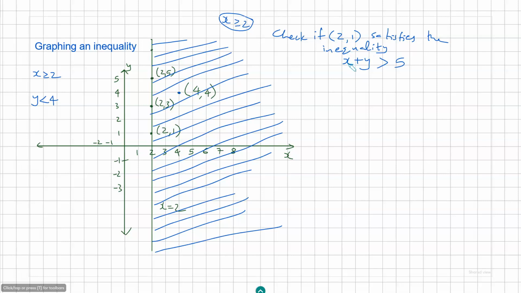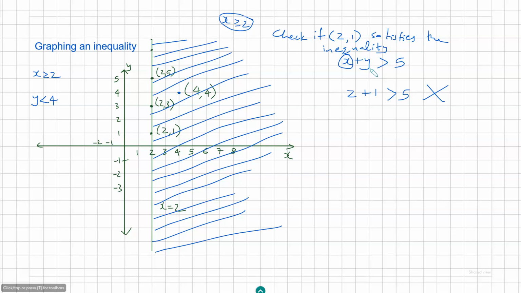You put the x coordinate of the point wherever you find x. So substitute x by the x coordinate of the point, substitute y by the y coordinate of the point, and see if the inequality is satisfied. So here you will get 2 plus 1 greater than 5. Is that true? No, it is not true, because 2 plus 1 is less than 5. So this is how you check if a point satisfies an inequality.